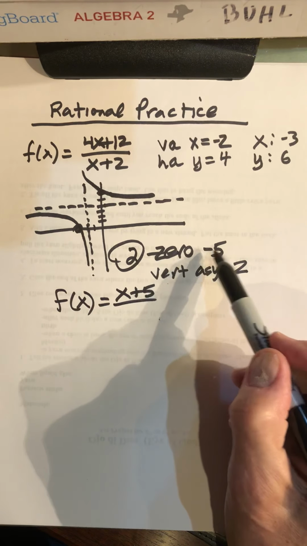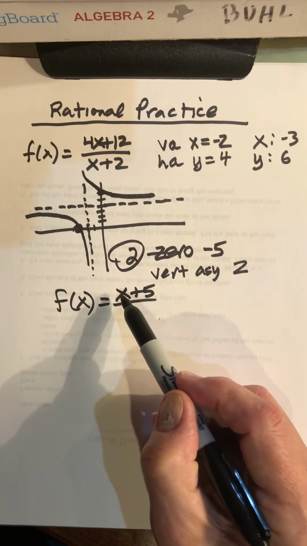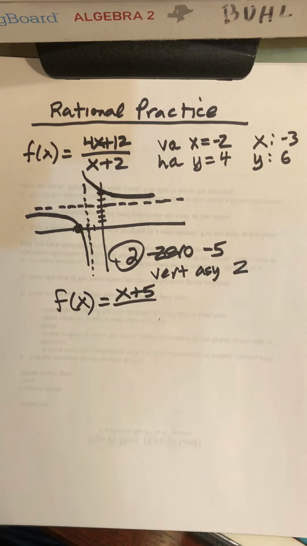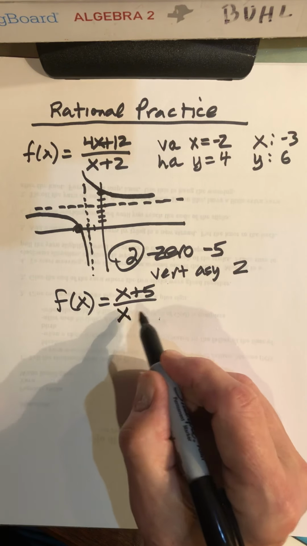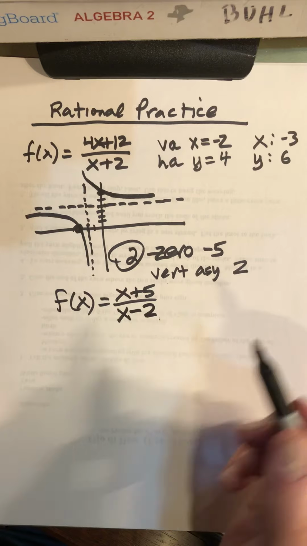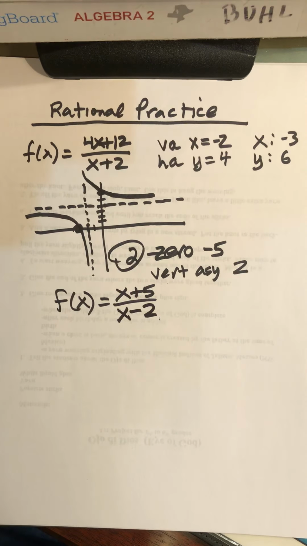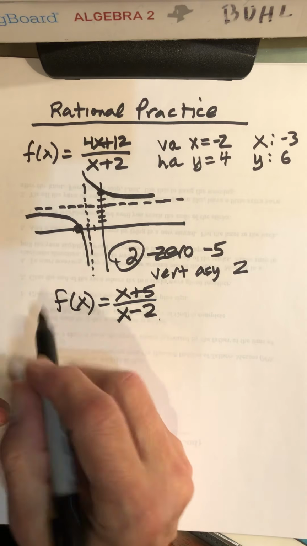Because if the 0 is -5, if I put a -5 in there, that would make the numerator 0, and that would give me a 0 there. Yep, if the vertical asymptote is 2, then I want x minus 2 in the denominator. That'll give me a vertical asymptote of 2. Okay, that's all there is to that one. Let's do another problem.